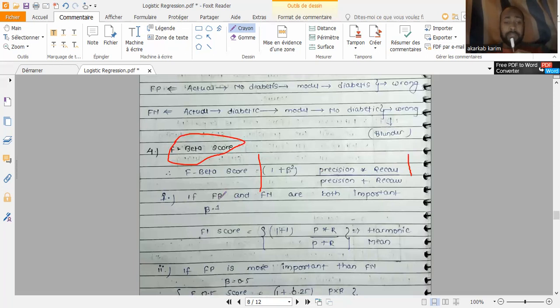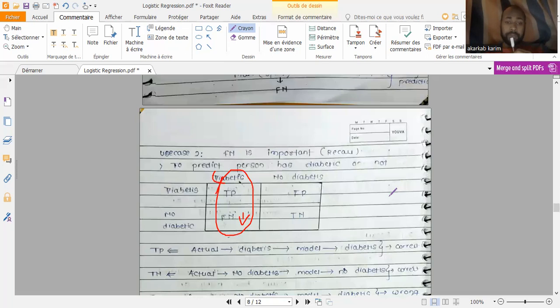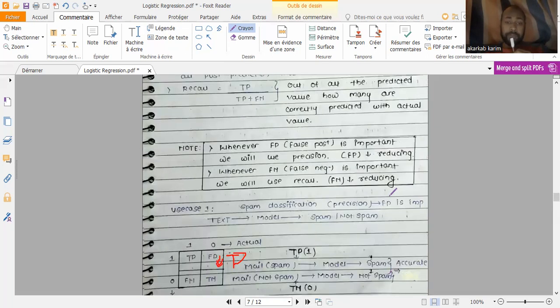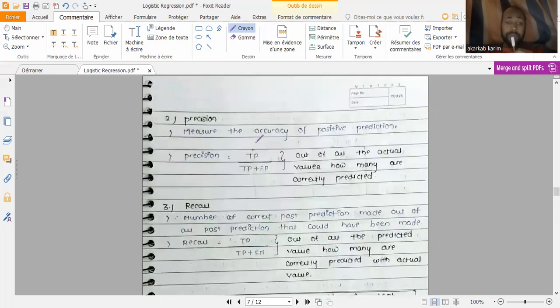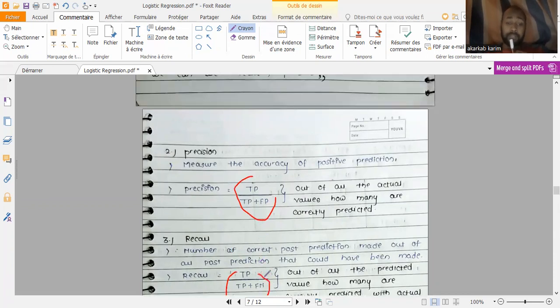So if false positive and false negative are both important to us, the purpose of this formula is to decrease both false positives and false negatives.